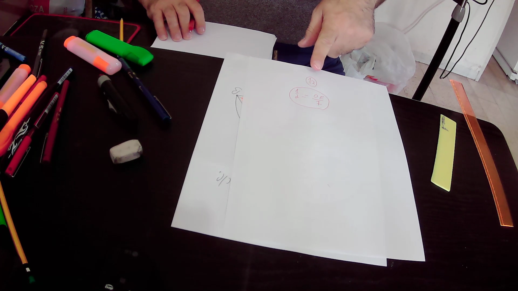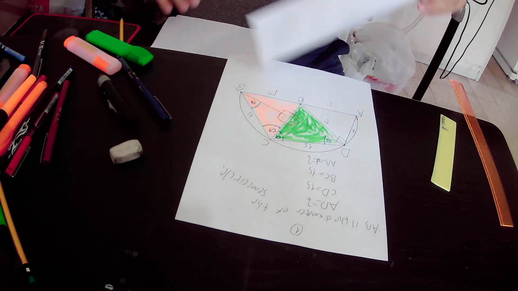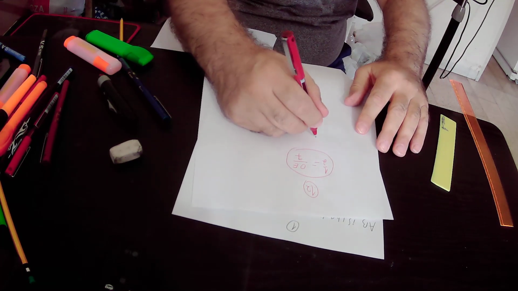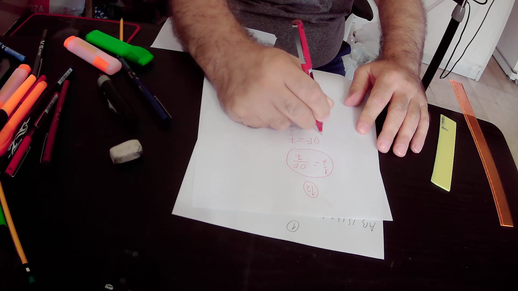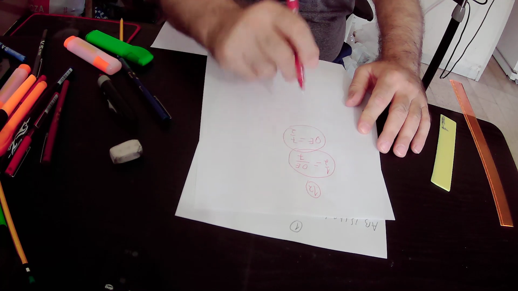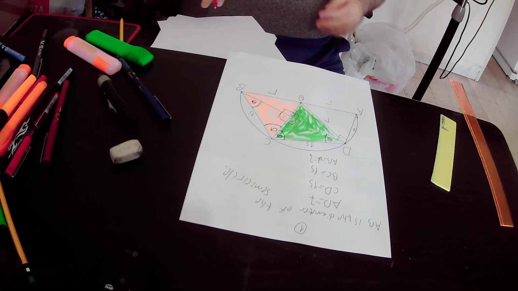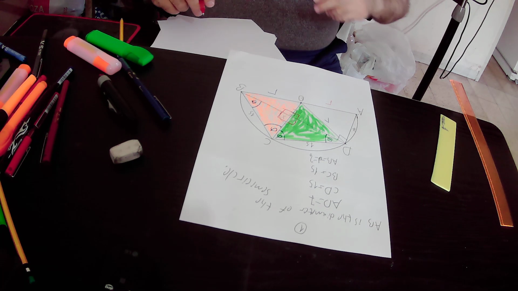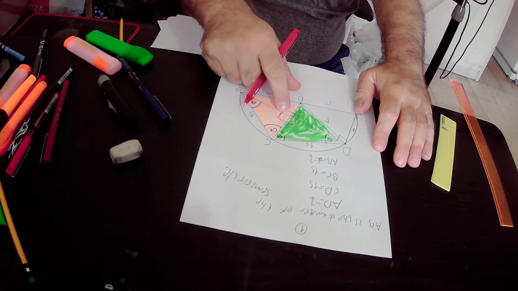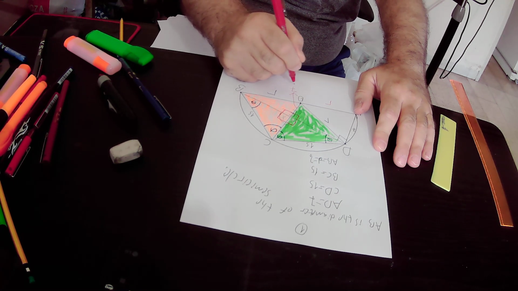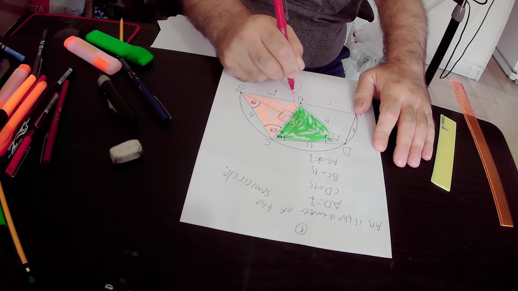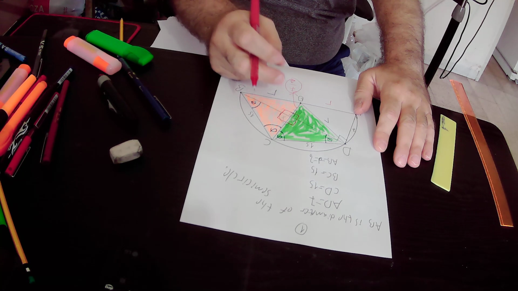Here we will multiply this equality by 7 in order to get the value of OE, and we will get that OE equals 7 over 2 units. OE equals 7 over 2 units. That is the value of OE.